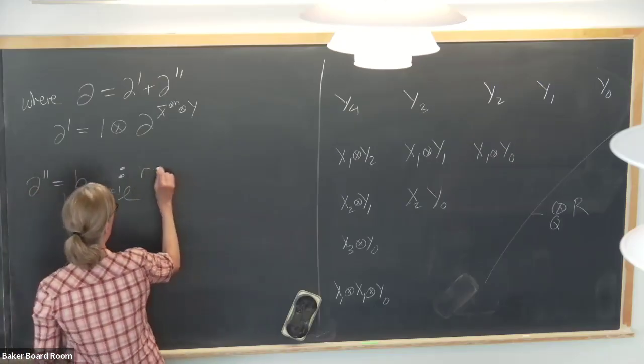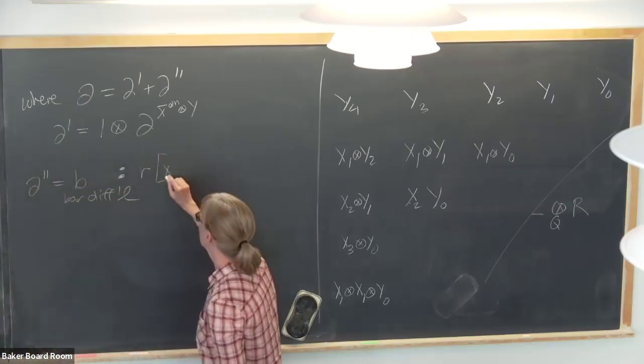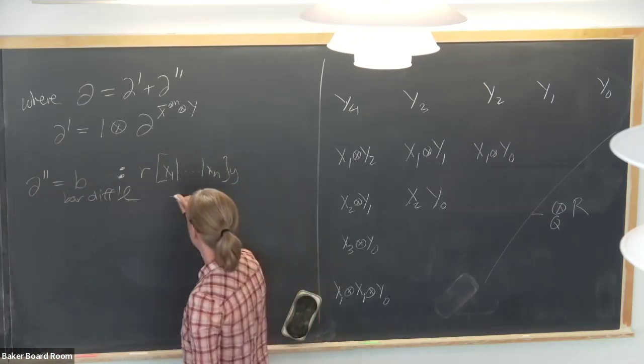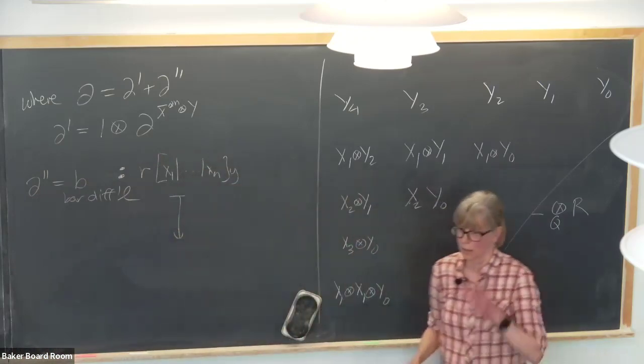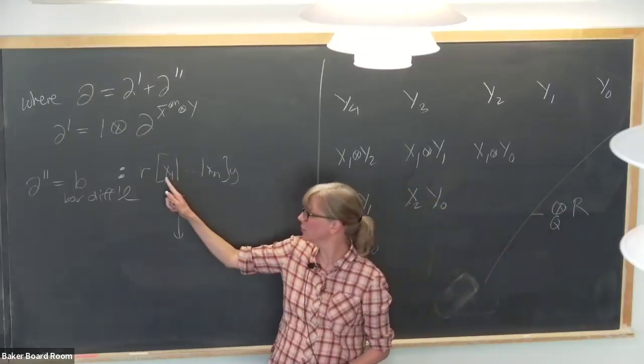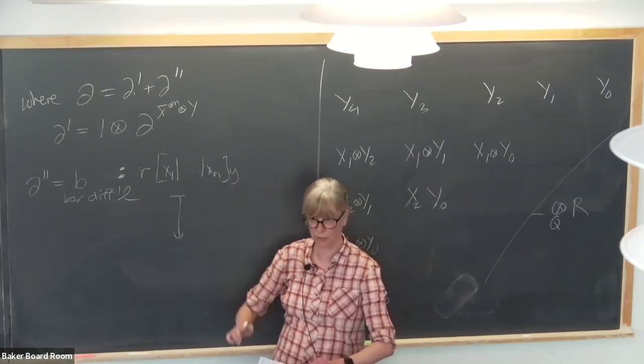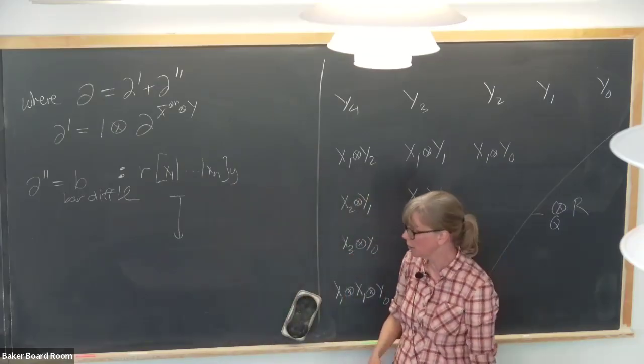So it takes R, x1 bar up to xn, y, and sends it. So this means R tensor x1, tensor xn, tensor y. I've dropped the tensors and written bars.